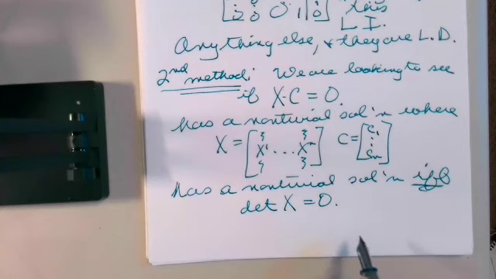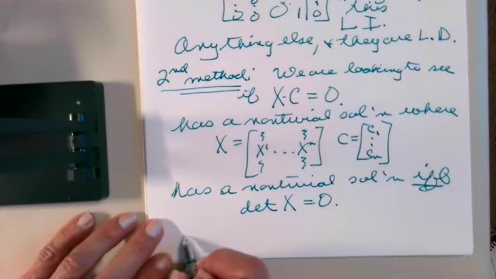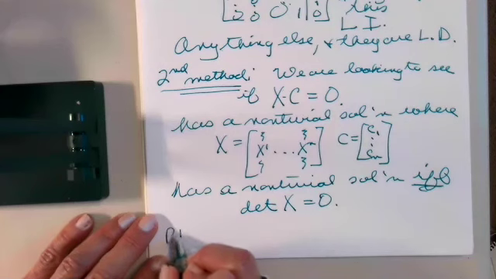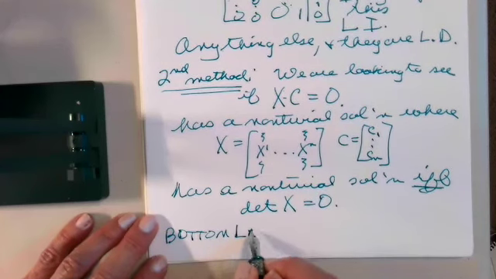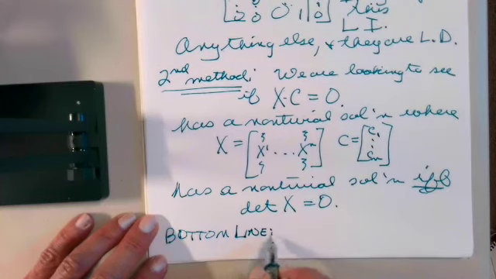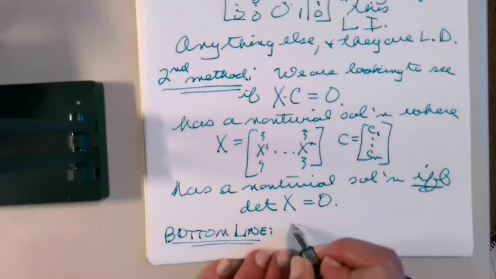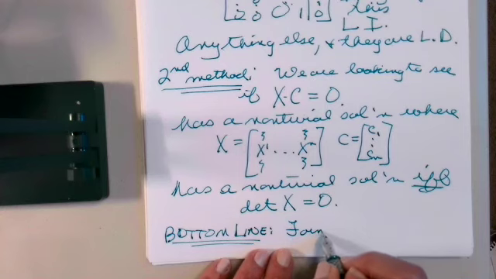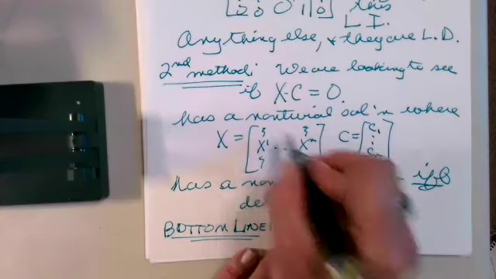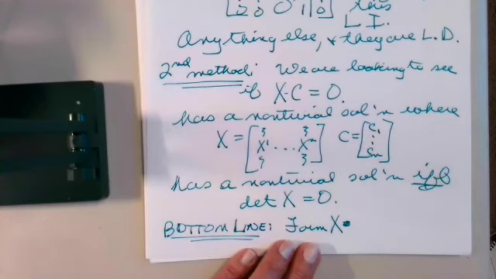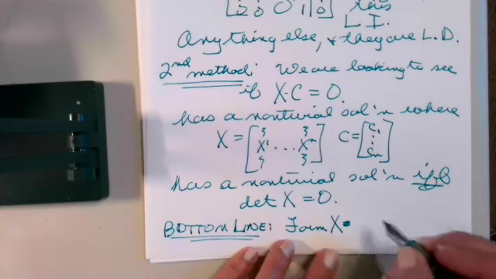So the bottom line, a second way to do it, is you form the matrix X, like I said up here. You stick the given vectors in as column vectors.